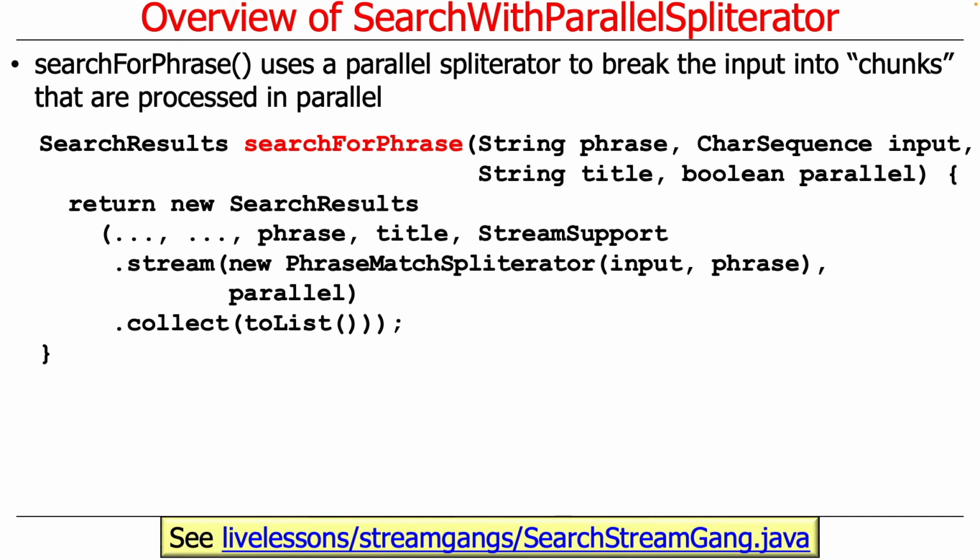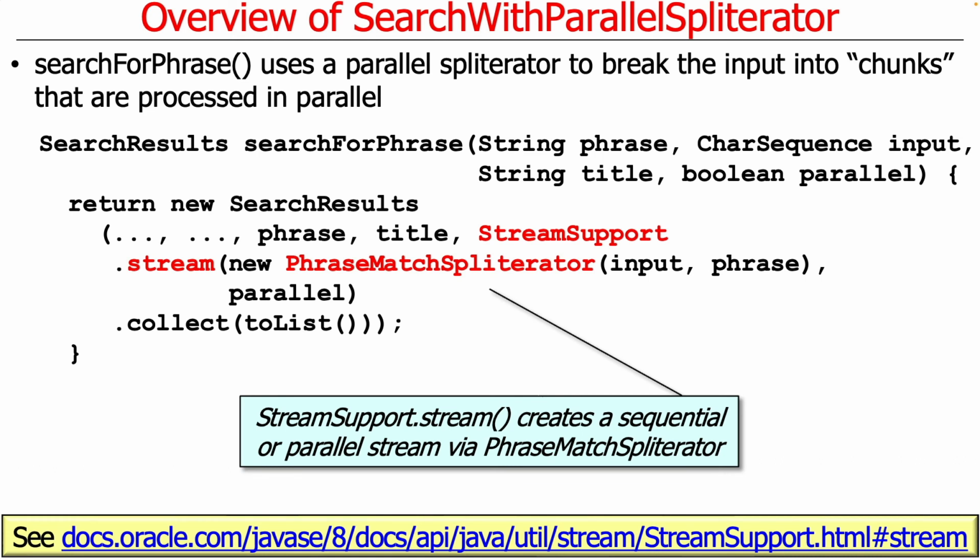Here's what the search for phrase method looks like. It's kind of cool. It takes the phrase we're looking for, the work we're searching, the title, and whether we want to run in parallel or not. And then it calls this helper method we've seen a number of times called StreamSupport.stream. This is the one that takes a spliterator and turns it into either a sequential or parallel stream.